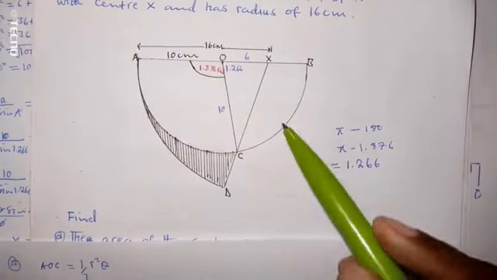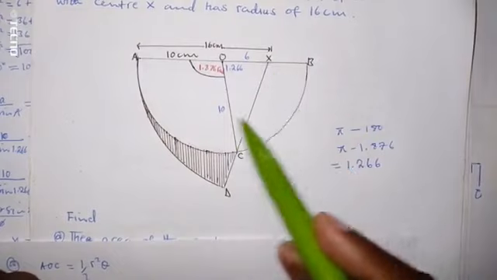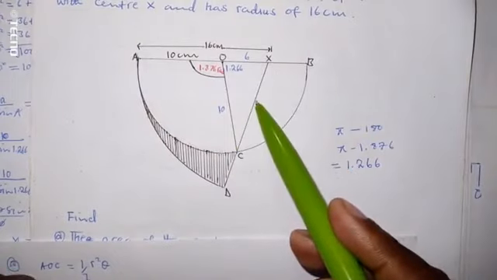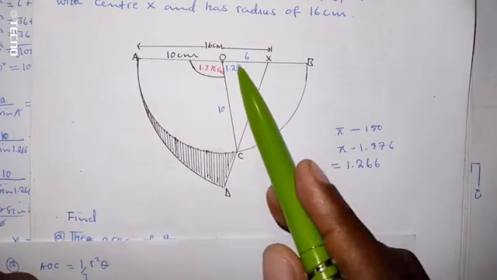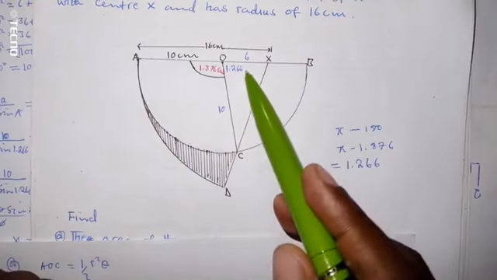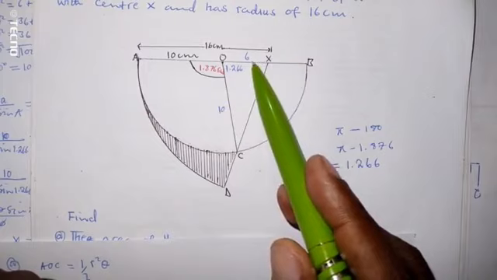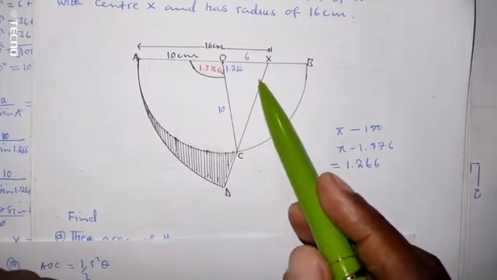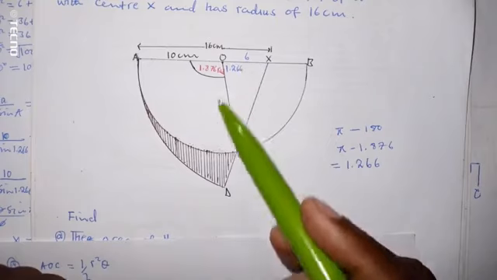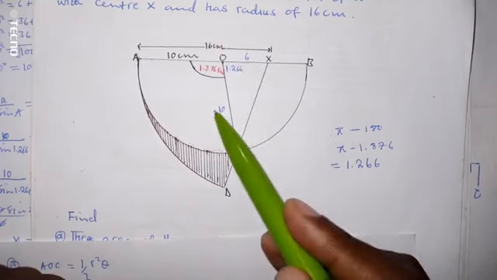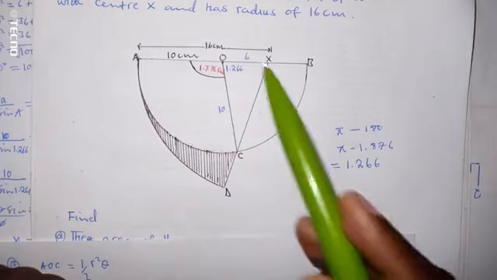So now, having this information, we are going to use the trigonometric formula in order for us to find the angle at this point.